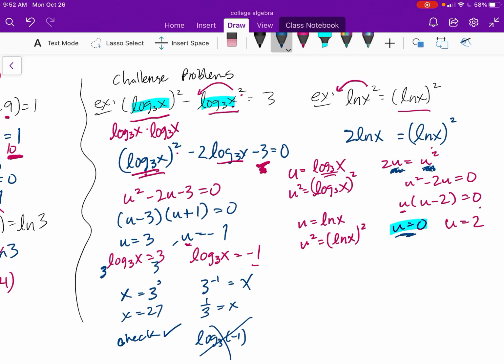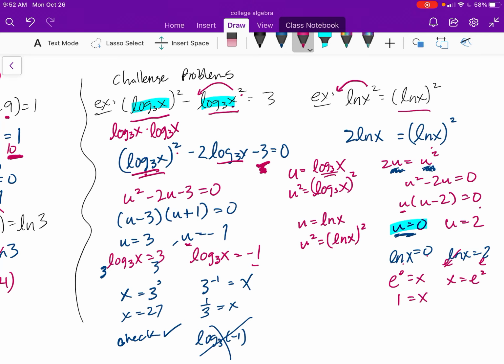So let's go ahead and substitute: ln x is u, so ln x is 2 or 0. And notice this does in fact work because ln means the base is e, so e to the 0 equals x. Or, again, use the trick that e and ln cancel, so raise both sides, make e the base, and you'd have x equals e squared. So e to the 0 is 1.